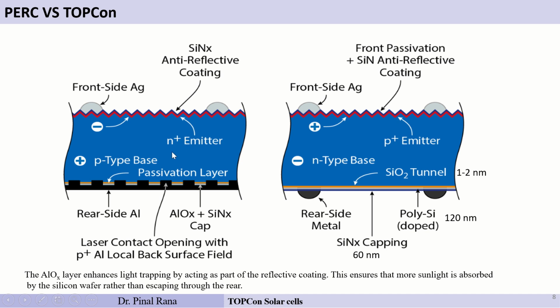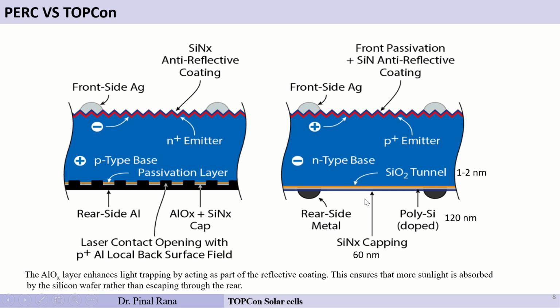In the PERC solar cell, at the rear side, a passivation layer plus capping layer is used, whereas in the TOPCon solar cell, a silicon oxide tunneling layer of 1 to 2 nanometers with polycrystalline doped silicon is used at the rear side. Further, in some cases, a silicon nitride capping layer is also used.